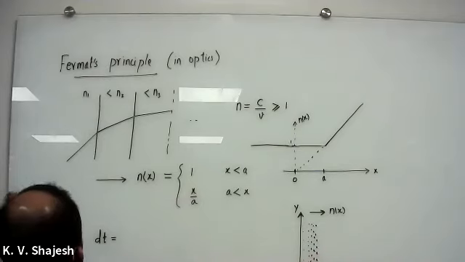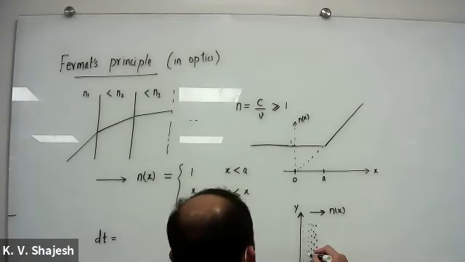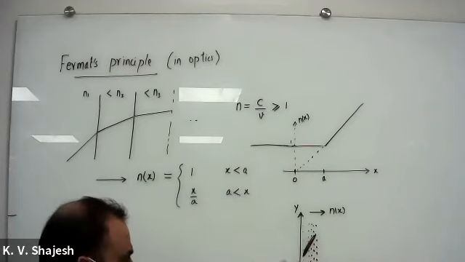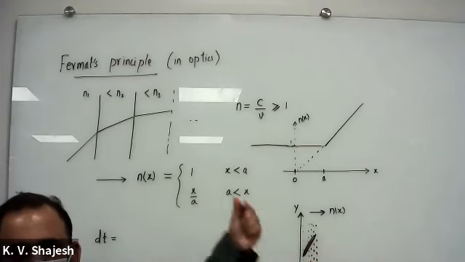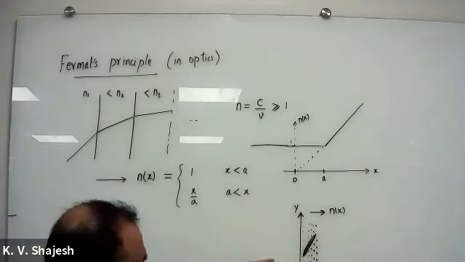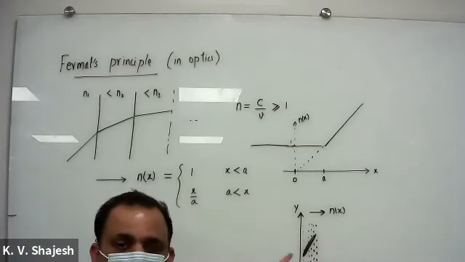So in that sense, dt is equal to however much I travel, because I can travel from here to there. Notice that when I travel in that direction, there is a little bit in the X direction, but in the Y direction I don't lose anything. So all the speed issue is in the X direction.